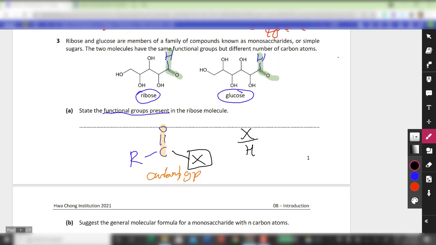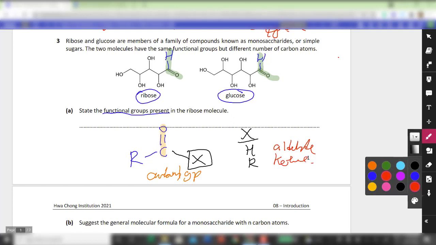If X is a H, then this compound will be called an aldehyde. If X is an R group, this compound will be called a ketone. If X is something familiar, let's say an OH, we'll call this compound a carboxylic acid.